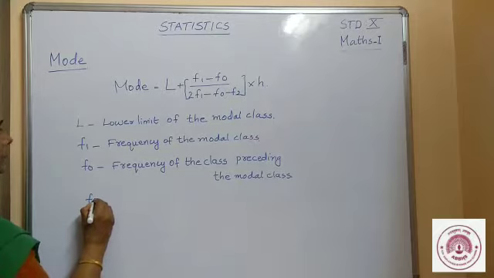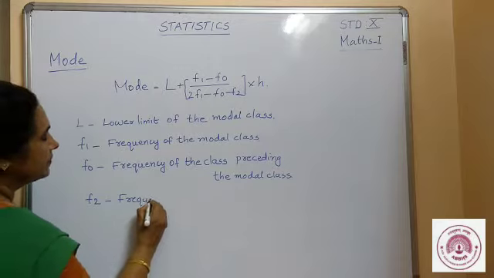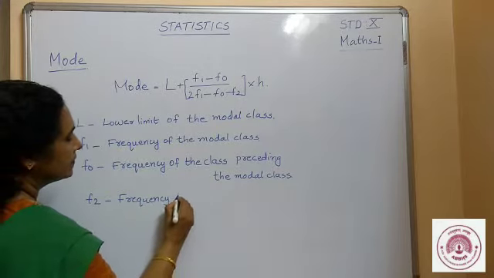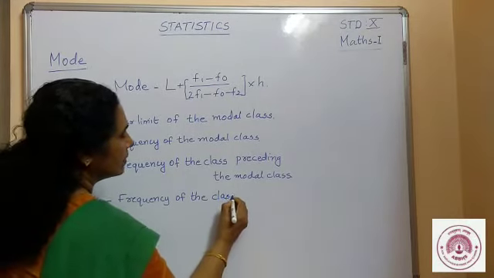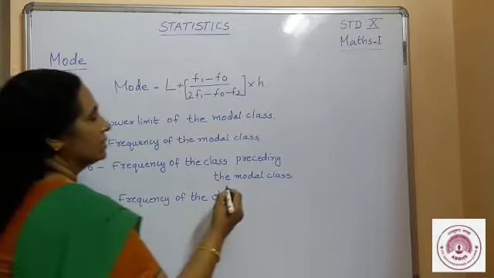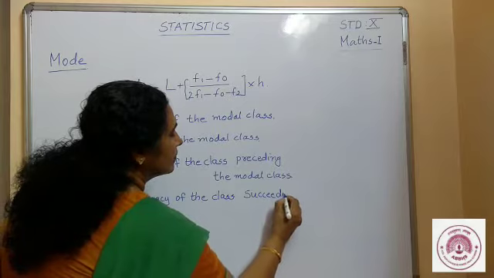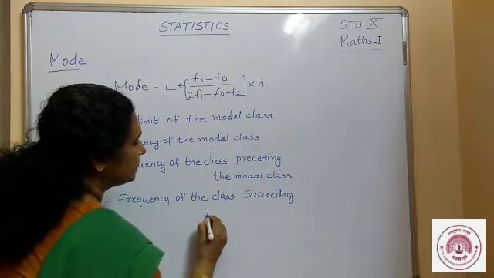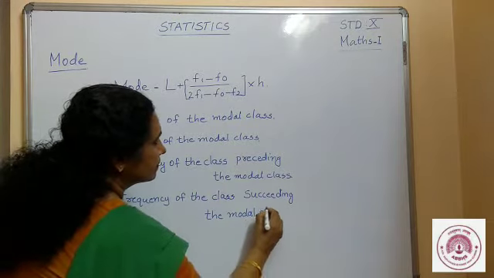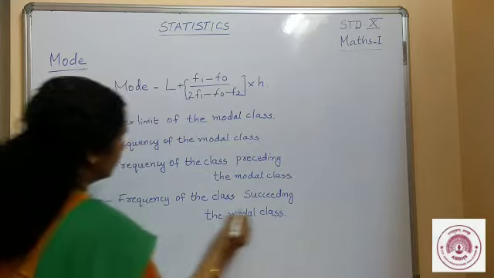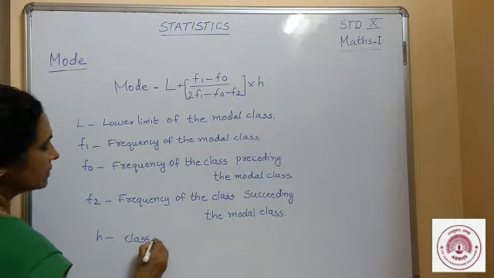F2 is the frequency of the class succeeding the modal class. And H is the class interval of the modal class.